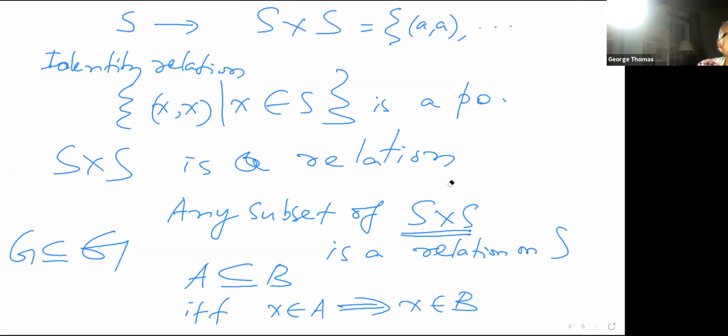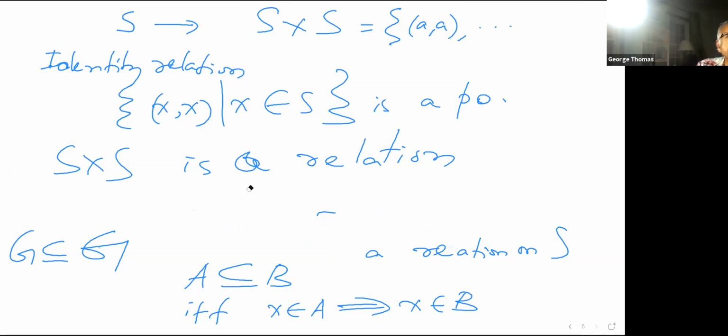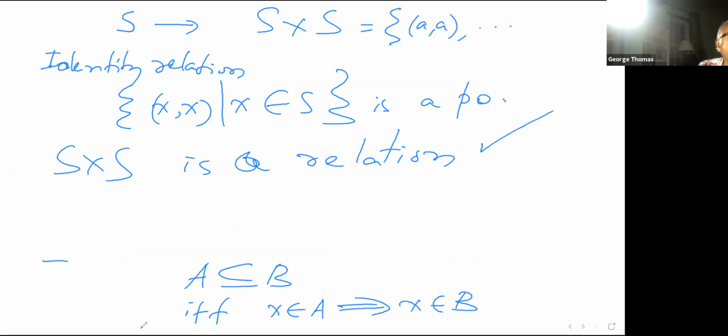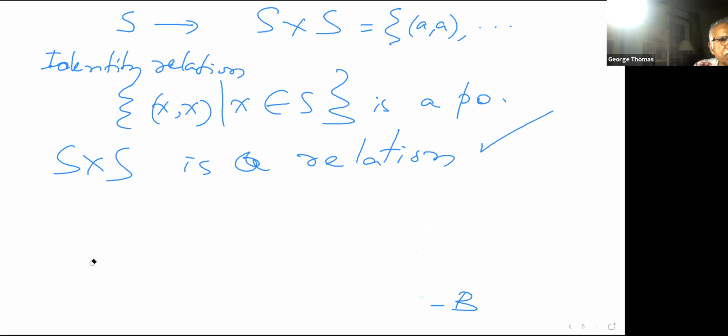Now, since any subset of S cross S is a relation, S cross S itself is a relation. Agreed? Because every subset of S cross S is a relation. It is difficult for you to grab onto that, but you will.